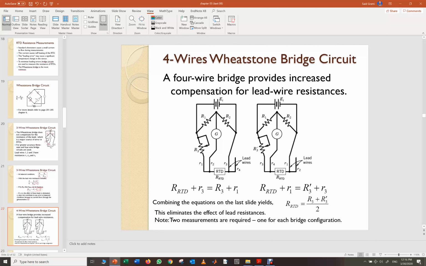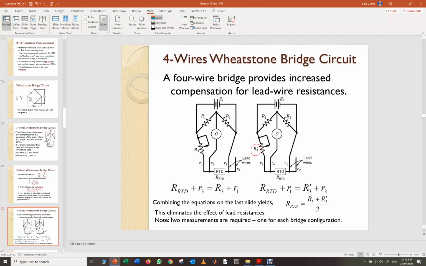So RTD is R3 plus R prime 3 over 2, and also r1 is equal to r3. So we get RTD is R prime 3 plus R3, the second measurement of R3, divided by 2.